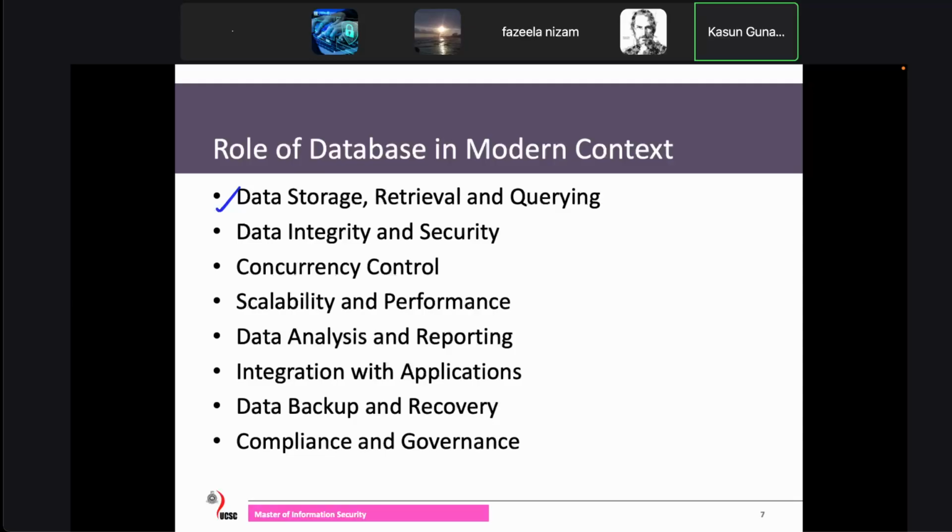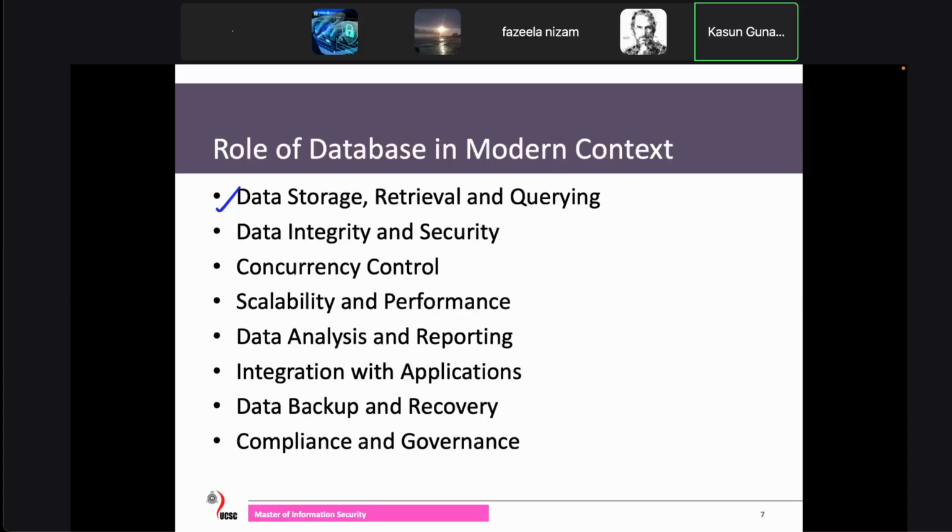Sometimes we may need to interact with mobile applications. So all these diverse integrations are required.